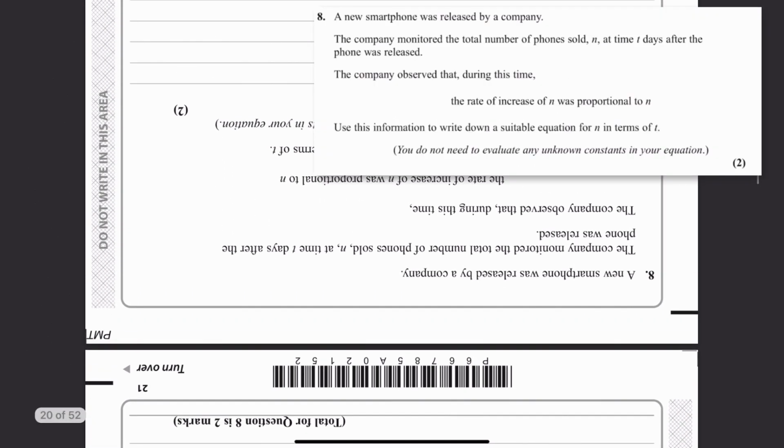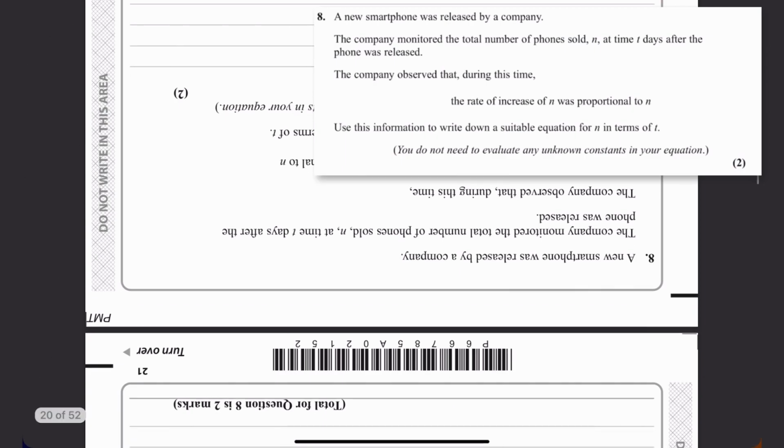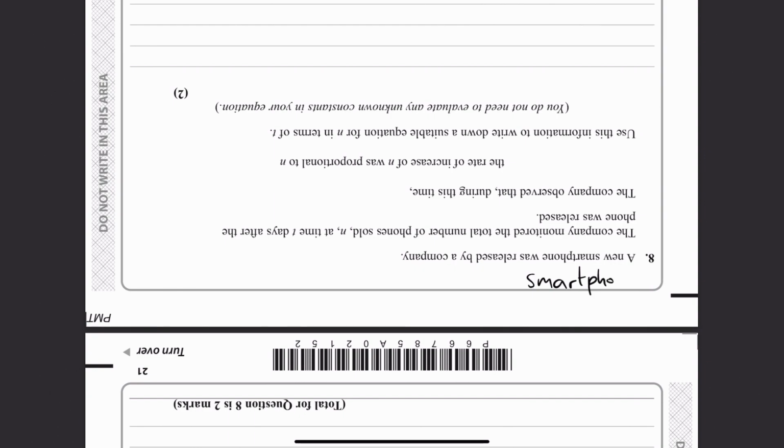Question 8. A new smartphone was released by a company.